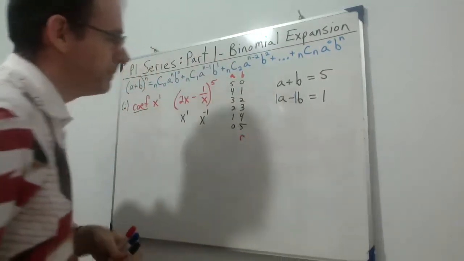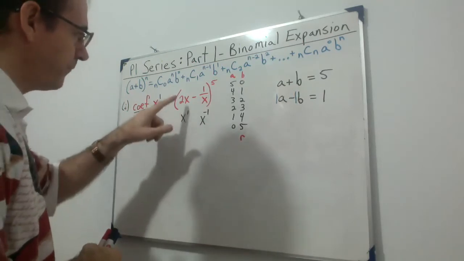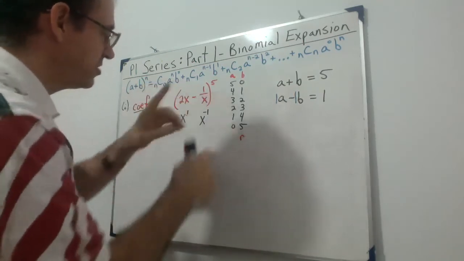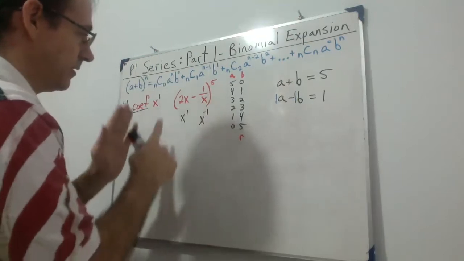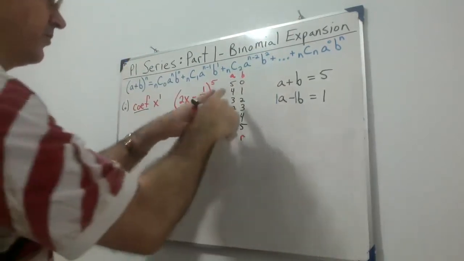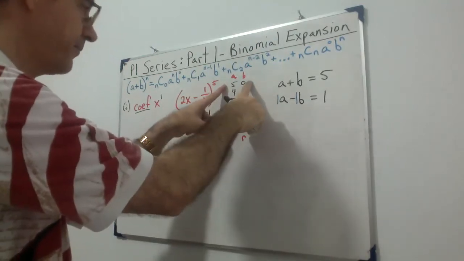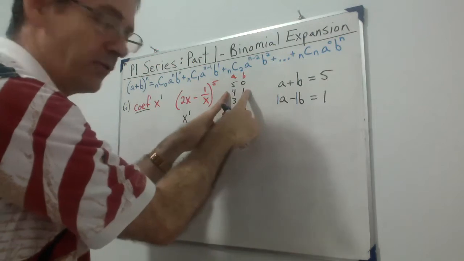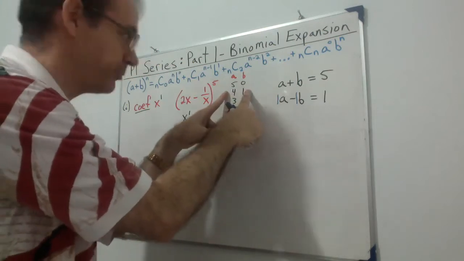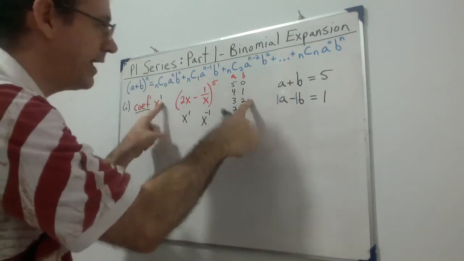If I'm doing it mentally, what I want to do is say, okay, 1 times which number here plus negative 1 times which number here gives me 1. So this would be 5 minus 0. Well, that's 5. 4 minus 1, well, we already saw that gives us x cubed. 3 minus 2, oh, that gives us 1.